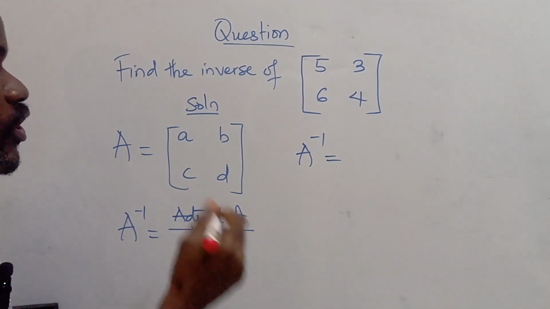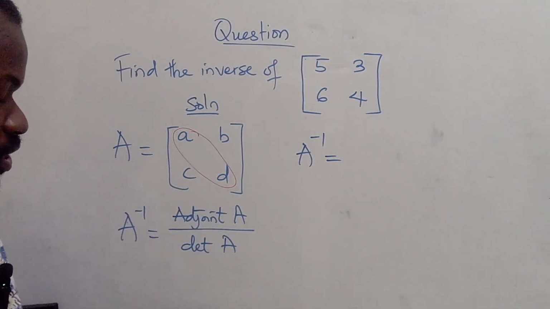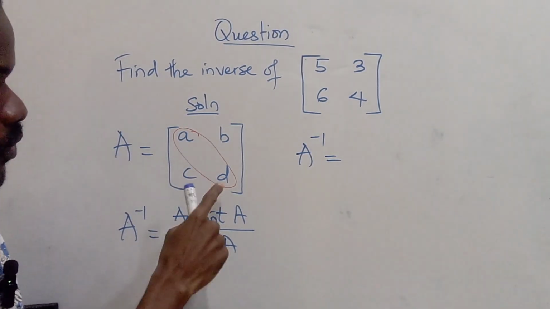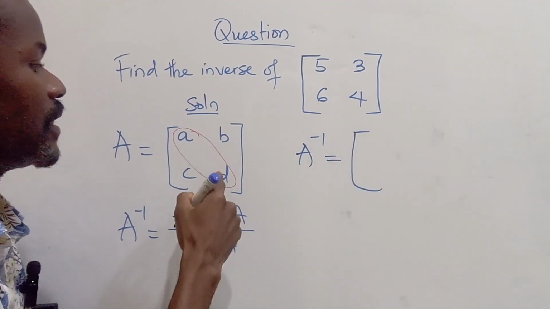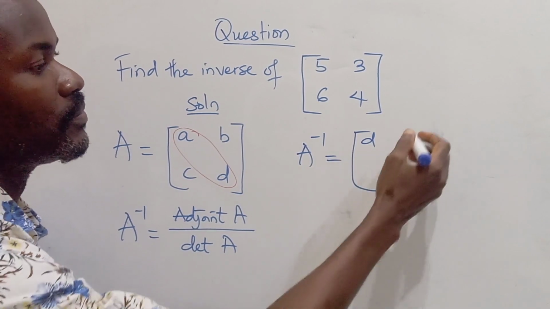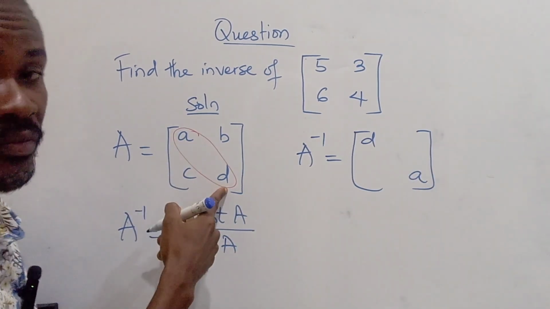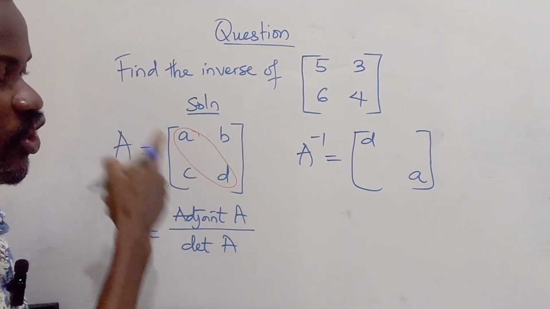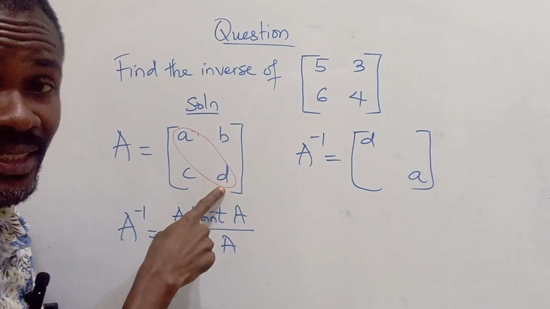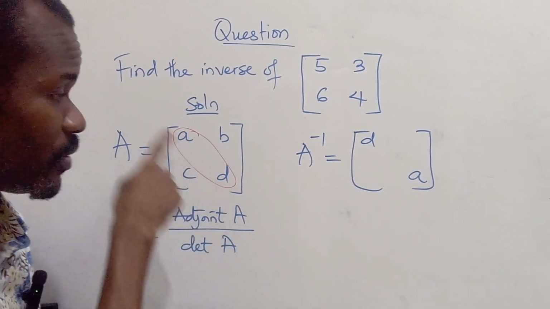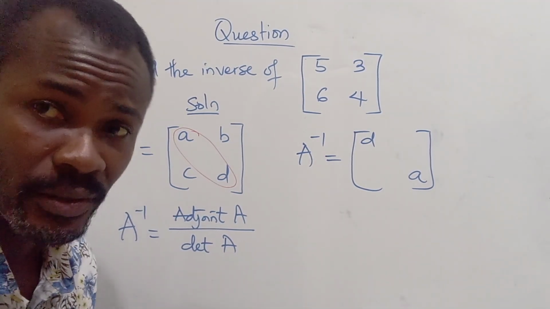When I mean interchange, this diagonal, we are going to interchange it such that D will take the place of A. So I'm going to have D here, and we are going to have A in place of D. So you have to interchange the positions of A and D in this leading diagonal, which is also the major diagonal.